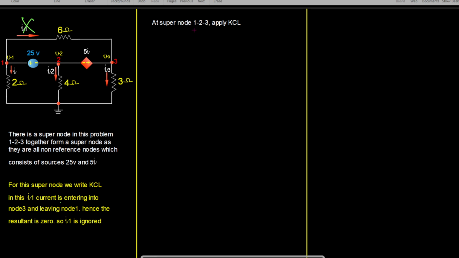According to KCL, sum of entering current is equal to sum of leaving current. Sum of leaving currents is I plus I2 plus I3, and sum of entering current is 0. So this can be written as V1 divided by 2 plus V2 divided by 4 plus V3 divided by 3, that is equal to 0.